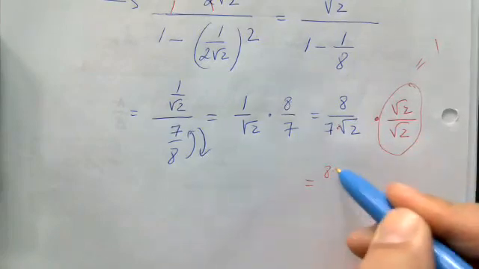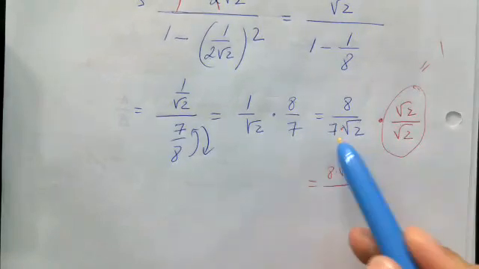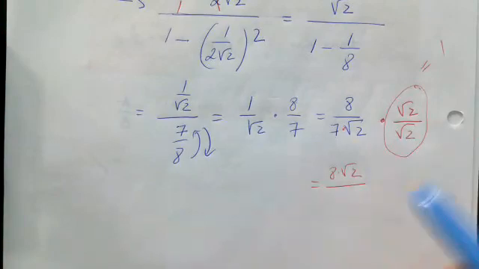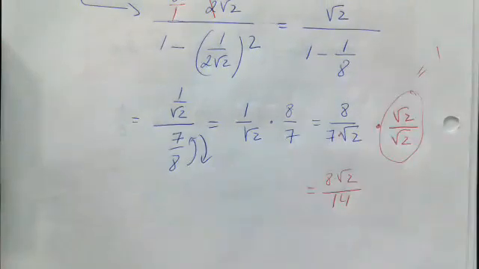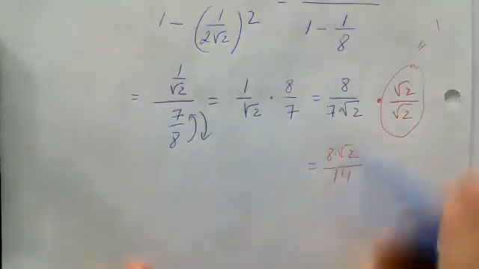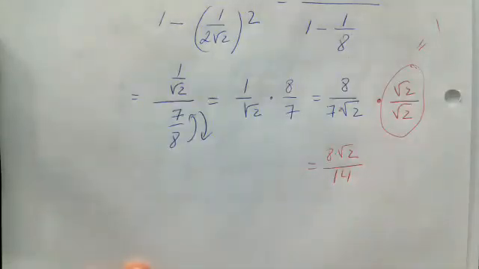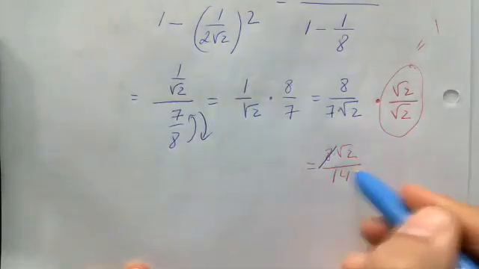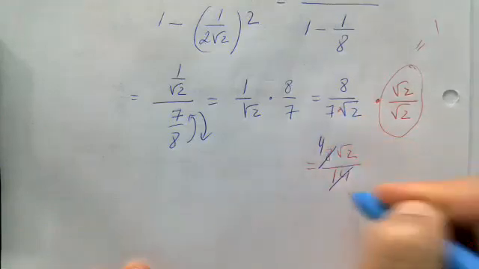Then we have 8 square root of 2 at the top, and then we will have 7 times 2 at the bottom, which is 14. So we can simplify, right? 8 and 14. 4 and 7.